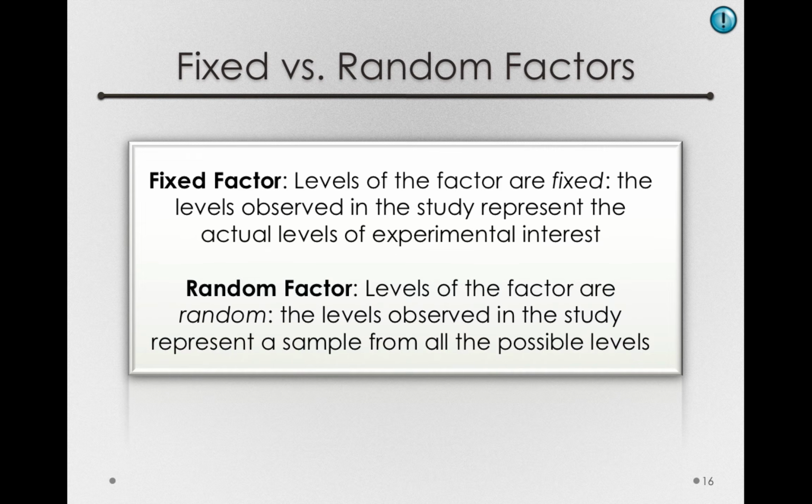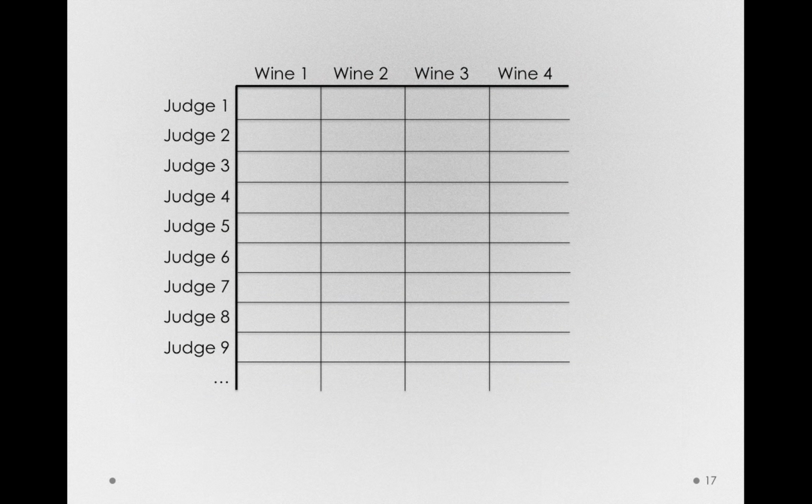So subject 1, remember I pointed out that judge 1 could be a strict rater. If I were to redo the study, the level of judge 1 I had the first time isn't the same estimate as I would have the second time. In the second study, that first judge wouldn't be the same person. I don't really care about the degree to which judge 1 differs from average. I simply need to estimate that in terms of my modeling.